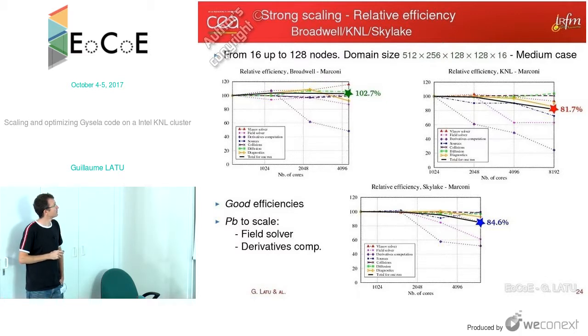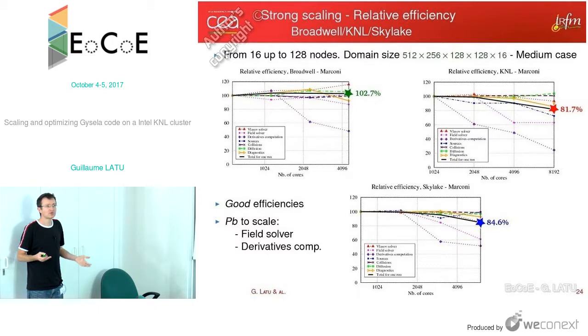So we have here a superlinear speedup because we can fit it to the cache for the Vlasov solver. It really matters, but we cannot on KNL because we have too many threads. So we have hyper-threading, so the demand is quite large over the memory. And not on Marconi Skylake also.